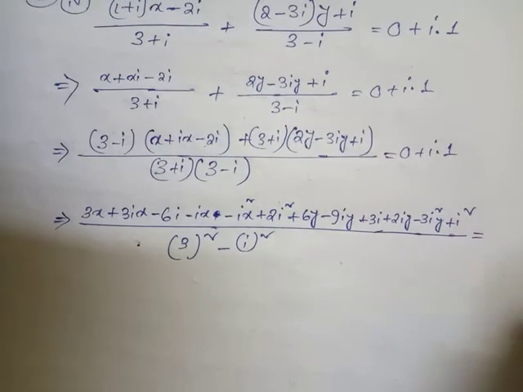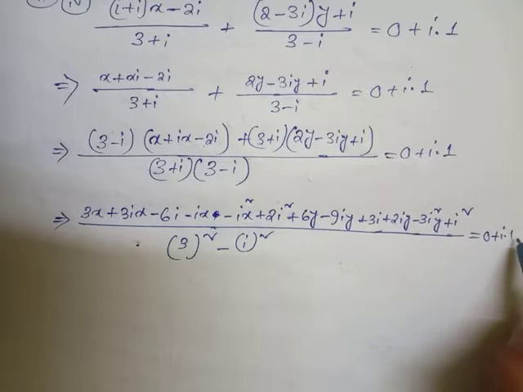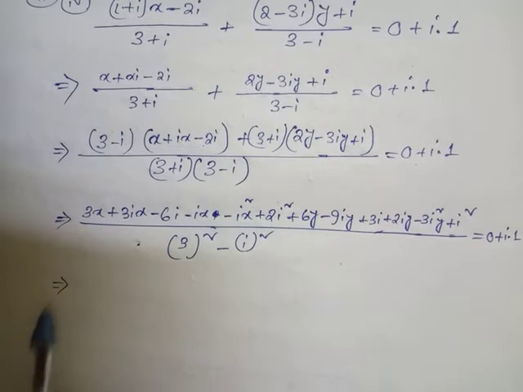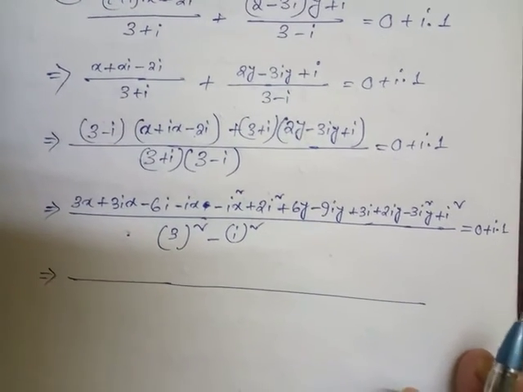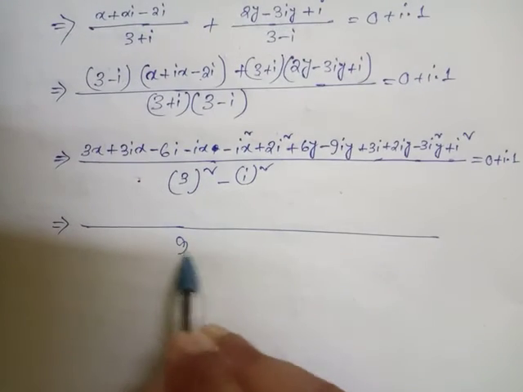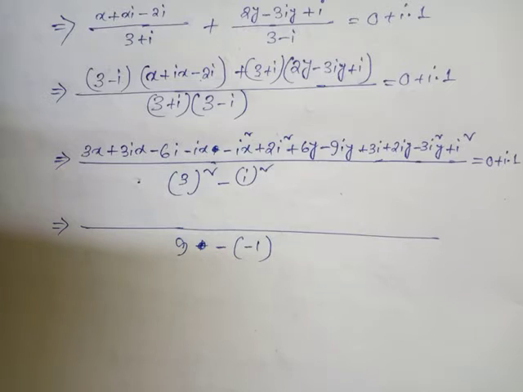Look here student, 0 plus i into 1 will remain the same. Now look student, after that 3 square is 9, and i square is minus 1.